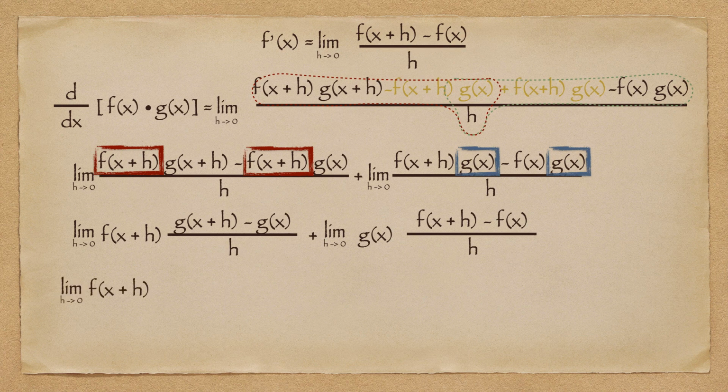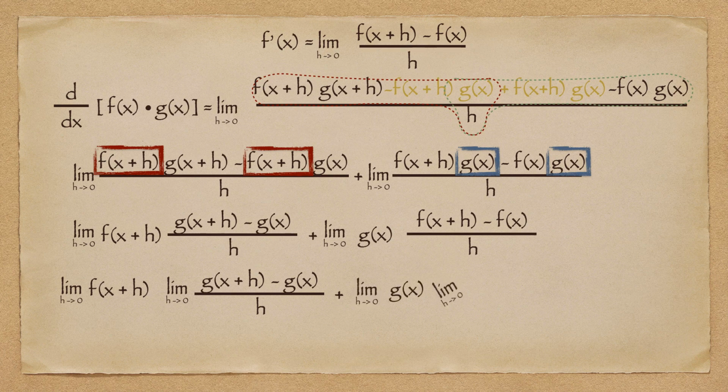I took that first function and multiplied it by the limit as h approaches 0 of this long thing here, and then plus the limit as h approaches 0 of g of x times the limit as h approaches 0 of f of x plus h minus f of x over h.